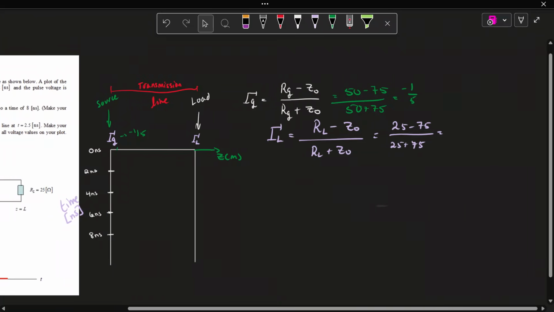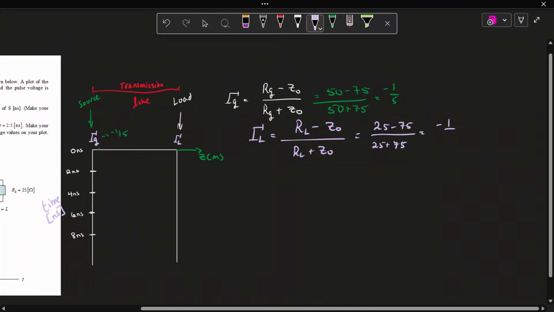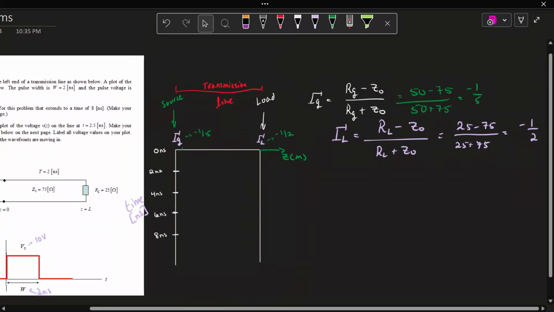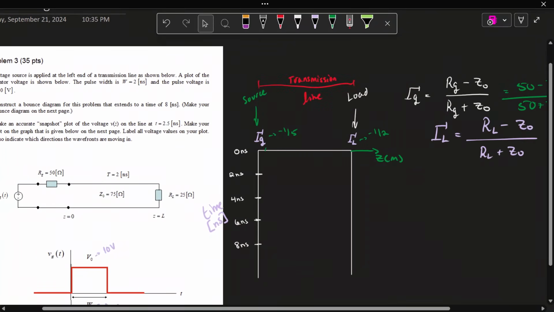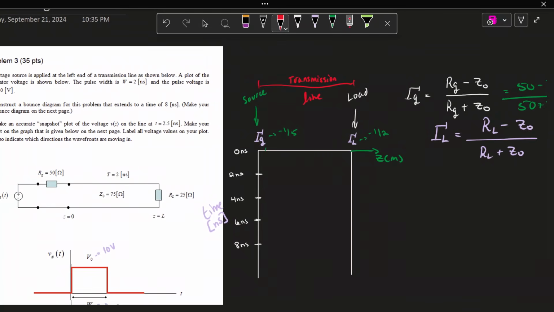And this is equal to negative 50 over 100, or negative 1 over 2. So this is negative 1 over 2. Great. Why did we solve for that? That seems pointless, right? Well, what we're going to end up doing is creating this bounce diagram. We really need those values.